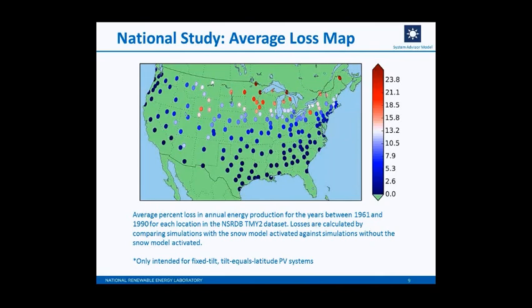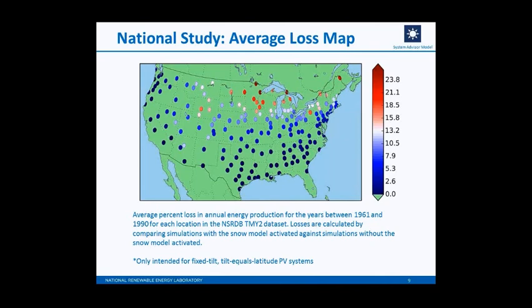In conducting the simulation, we just used a basic system that's very common in the PV industry. We decided to use a basic fixed tilt system using all the defaults in the SAM 2015.1.30 version. The only difference between each of the simulations was that we imposed a tilt equals latitude rule, which is again common in the PV industry.